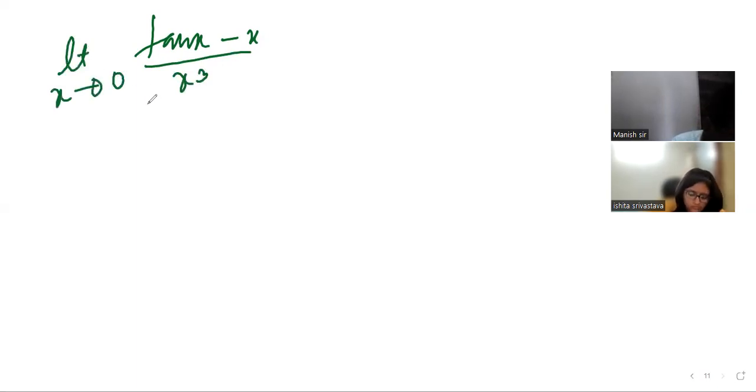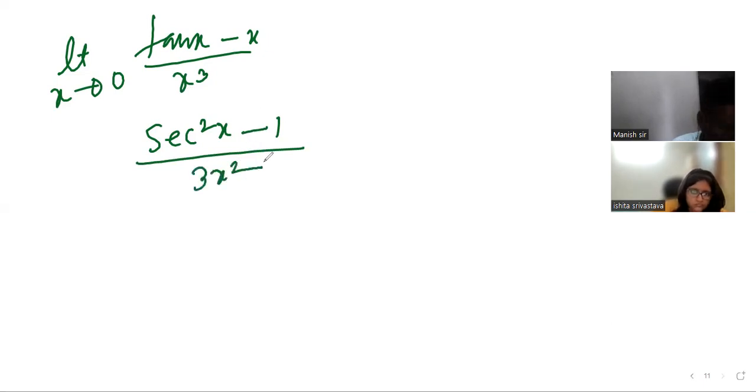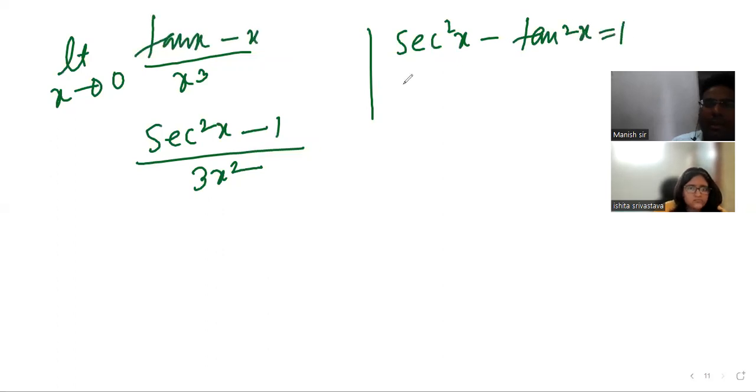Again differentiate it now. Tan will become sec square x, x will be 1, and x cube will be 3x square. And we know the identity sec square x minus tan square x is nothing but 1.